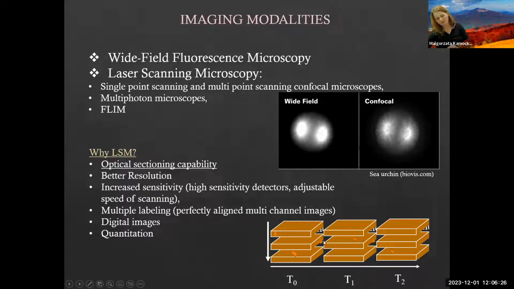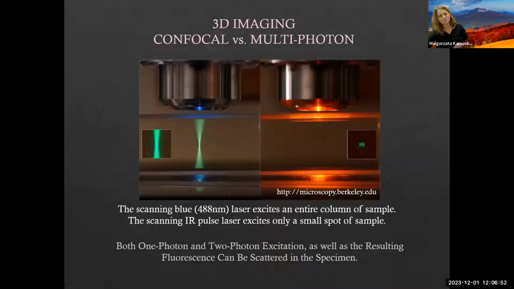You can space them, or you can collect them overlapping one another, so you have very nice Z resolution of the volume. You can image it at one time point, but also at different time points, having a nice time series of 3D volume.